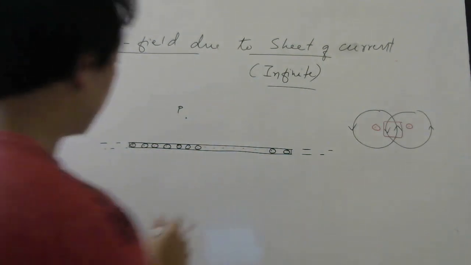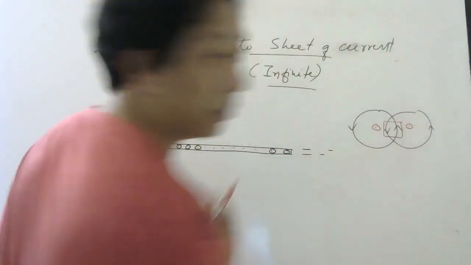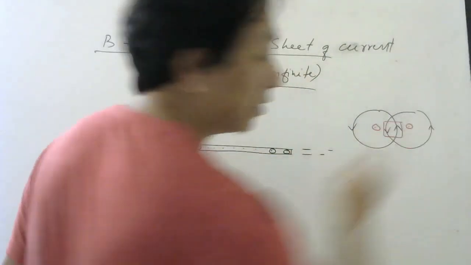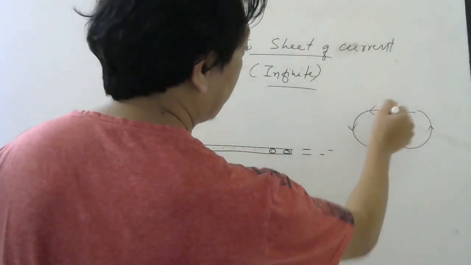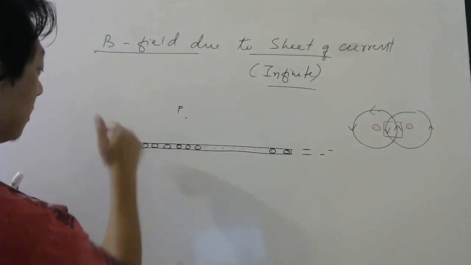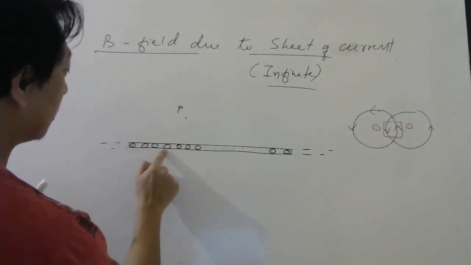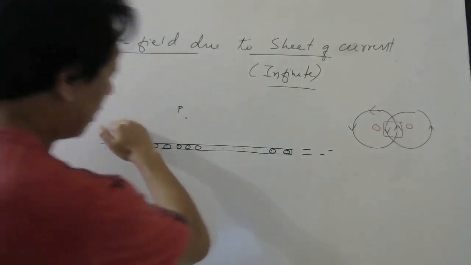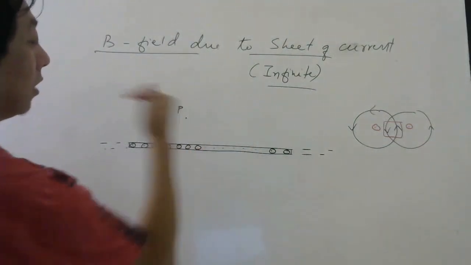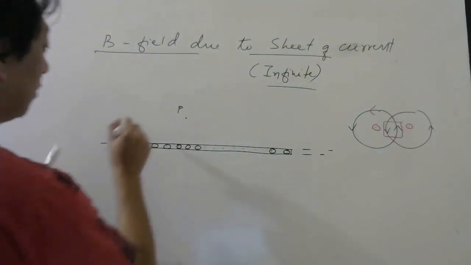So basically, in the middle part the magnetic field will cancel due to all these currents, and here due to this it will be like this, here due to this like this. So on the outer side, the upper side, the magnetic field will look this way.